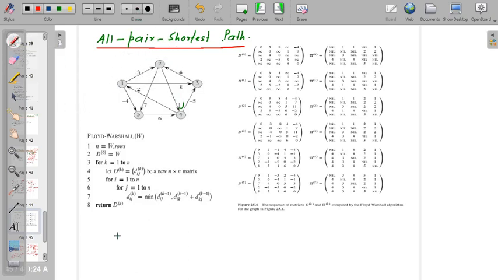Another way is to use a dynamic programming solution.